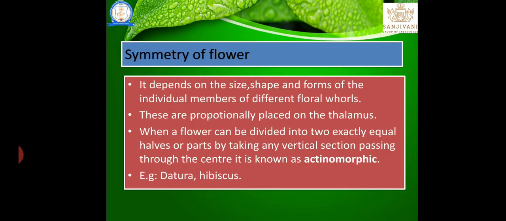The symmetry of a flower depends upon the size, shape, and form of the individual members of the different floral whorls, which are proportionally placed on the thalamus. When a flower can be divided into two exactly equal halves by any vertical section passing through the center, it is known as actinomorphic.